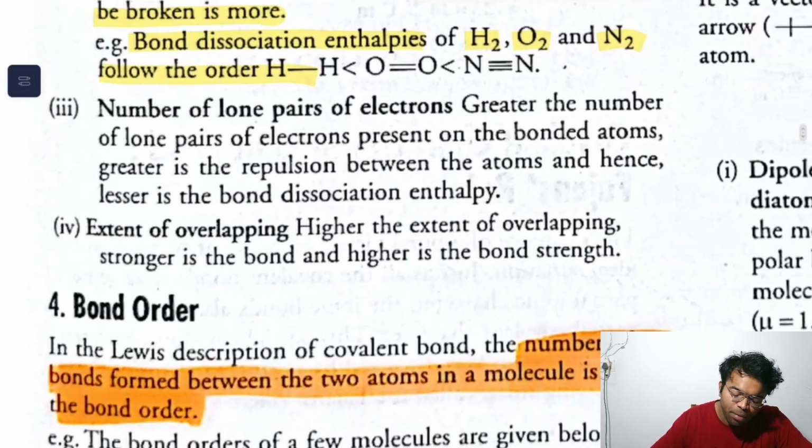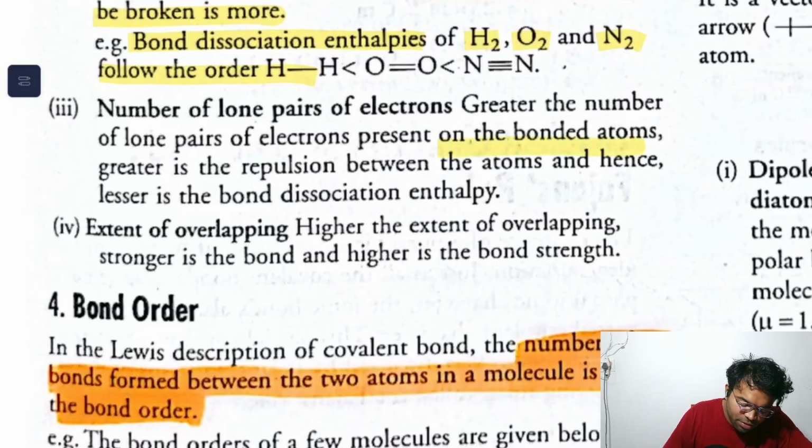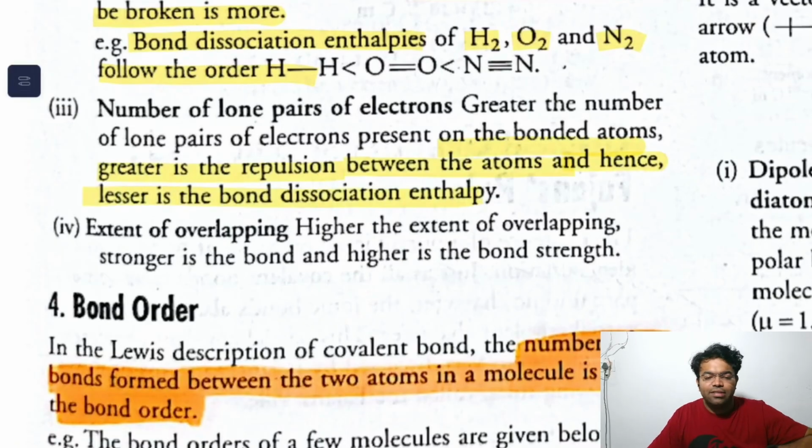Okay, the next factor is the number of lone pairs of electrons. Greater the number of lone pairs of electrons present on the bonded atoms, the greater is the repulsion between the atoms, and hence lesser is the bond dissociation enthalpy. So the greater the number of electrons you have, the more repulsion you have.